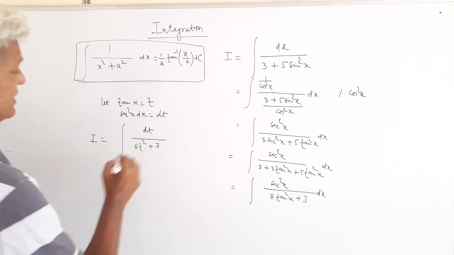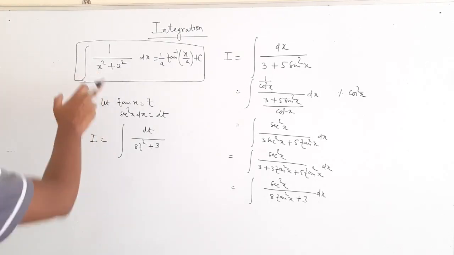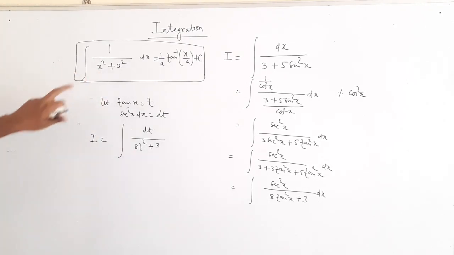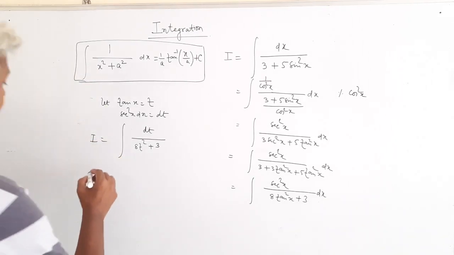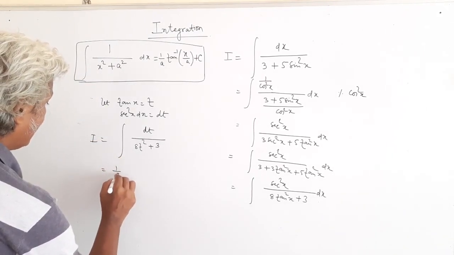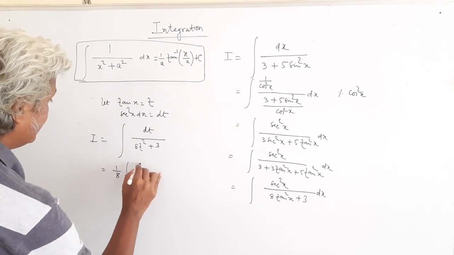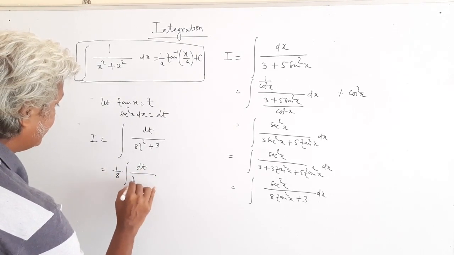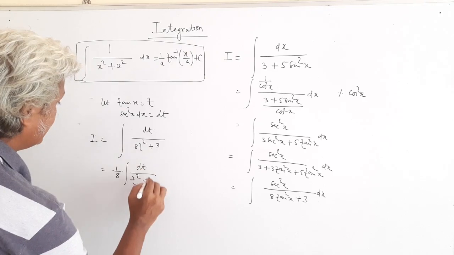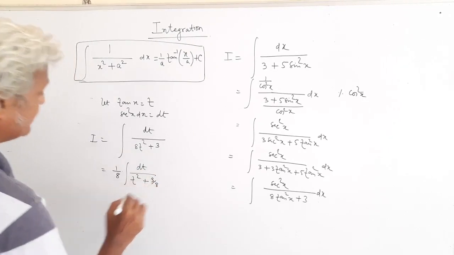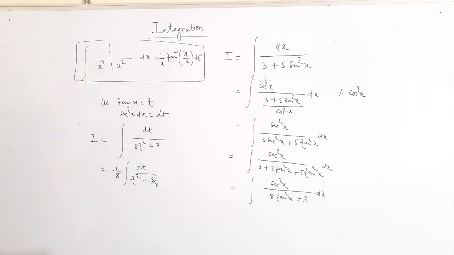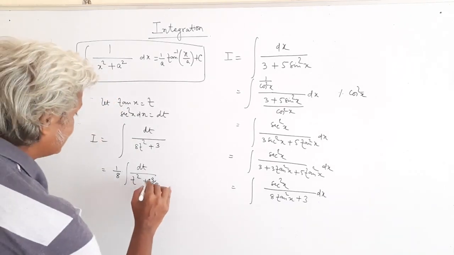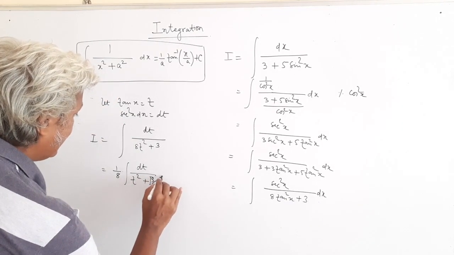Now we want this into the standard form, so the coefficient of t square should be unity. So I'll take 8 common, and then I get 1 by 8 dt over t square plus 3 by 8. I want 3 by 8 to be expressed as the square of a quantity, so I better write this whole thing as a square root and then square.